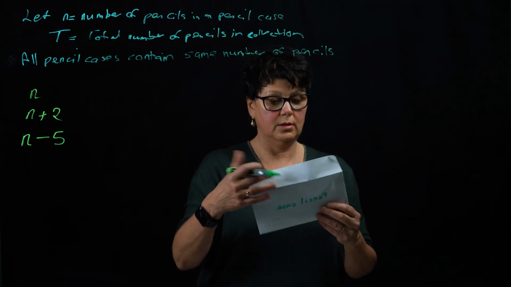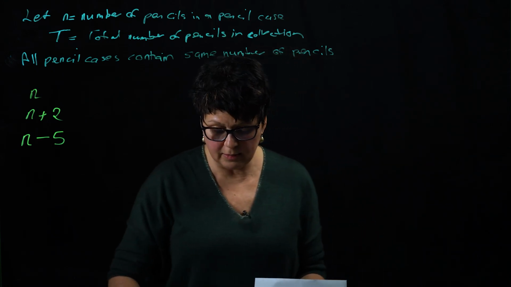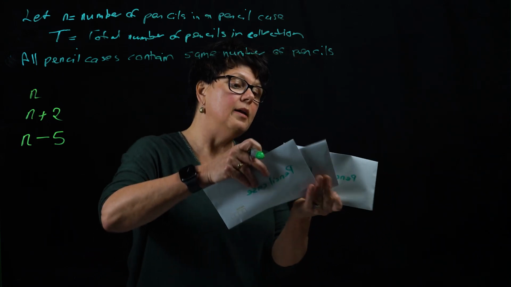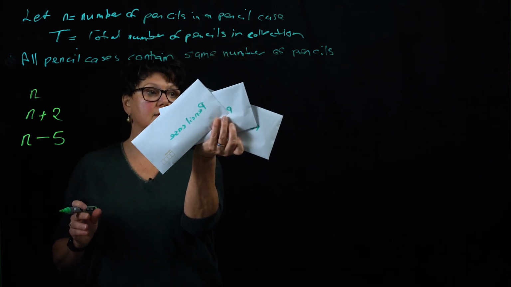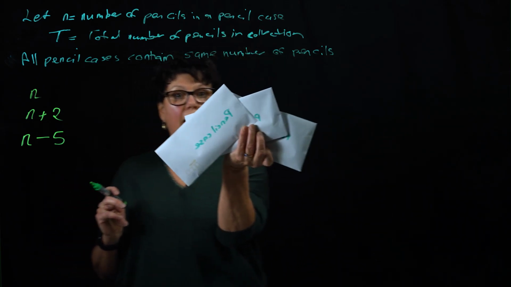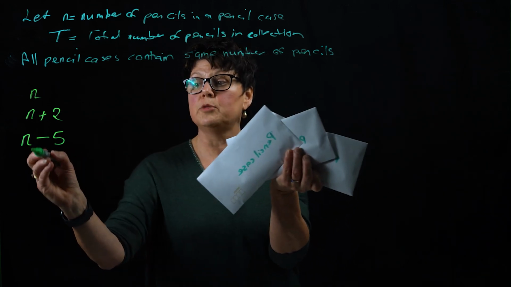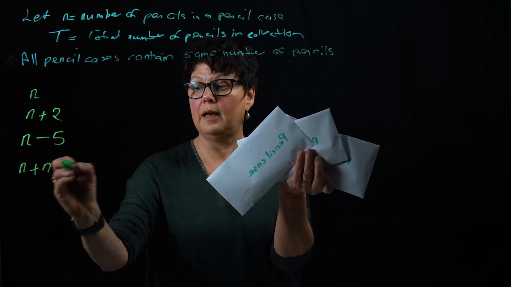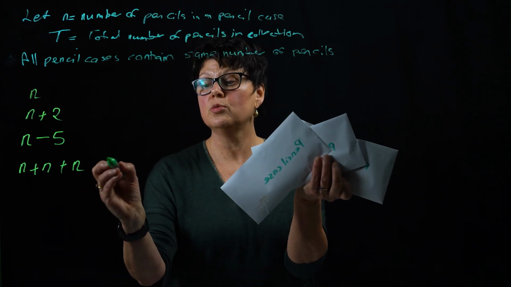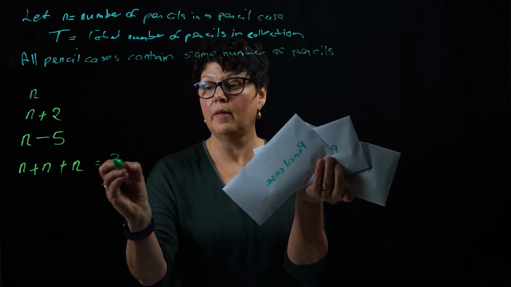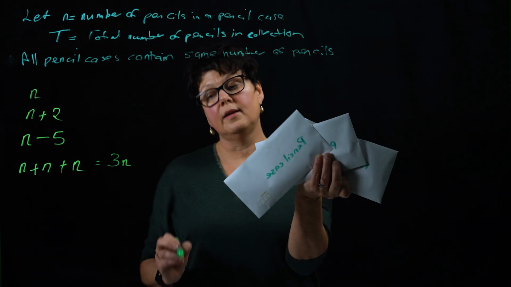Now what about, I've put those 5 back in just so you know. What about if I hold up 3 pencil cases? How could I write that expression? Some students might write n plus n plus n, which is definitely correct. And of course we can write that also as 3 lots of n.